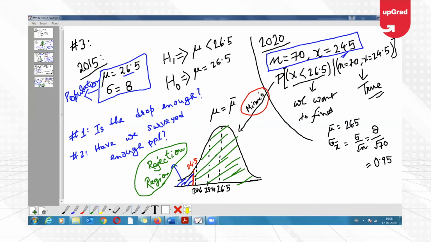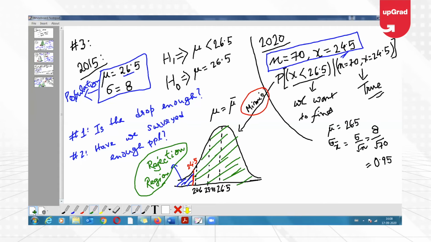Now logically, if you think, the closer 24.5 and 26.5 come, that will increase the rejection region, isn't it?